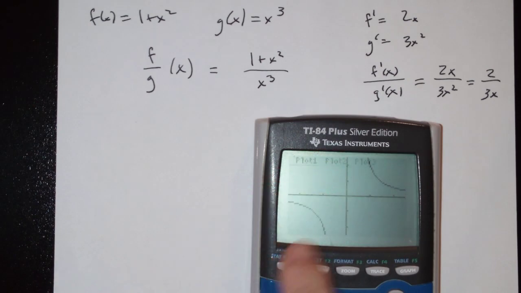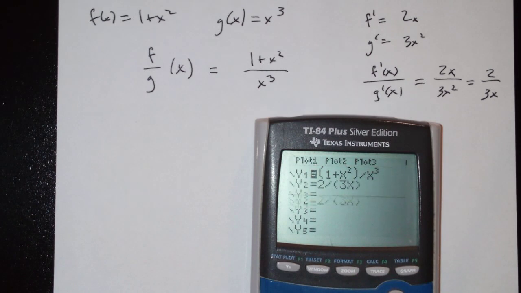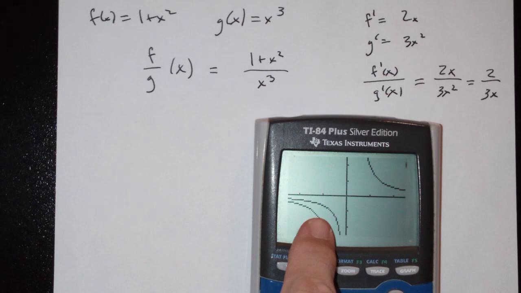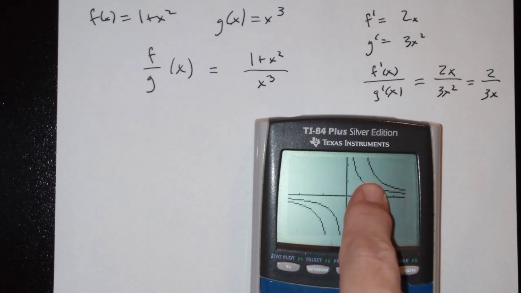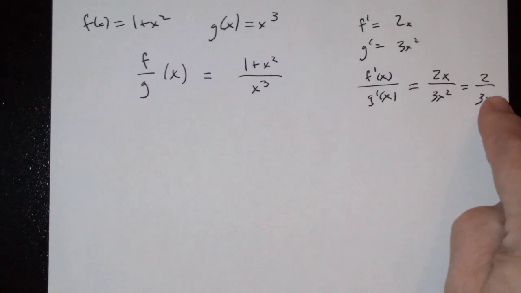These are all going down. But when I look at this function, yeah, those are negative numbers. That's wrong. That's not the right thing to be the derivative. That tells me this is wrong.